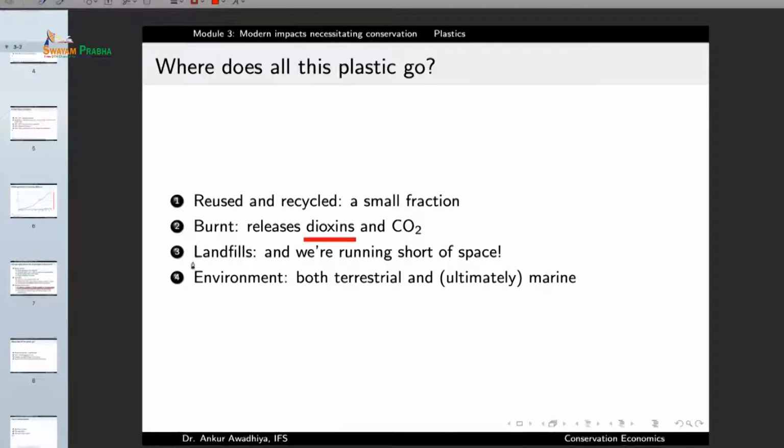Then, a major portion of plastics is also put into the landfills. So, landfill is a simple option. You do not know what to do with these plastics. So, what you do is that you just take it to an area and you dump it in that area. So, landfill typically is a depression in the ground that is being filled with these plastics.